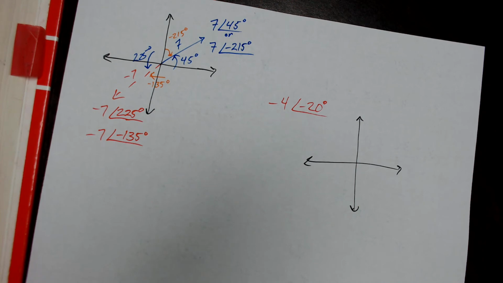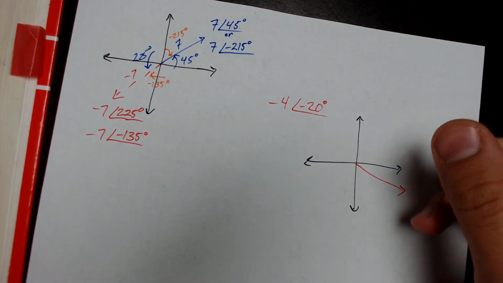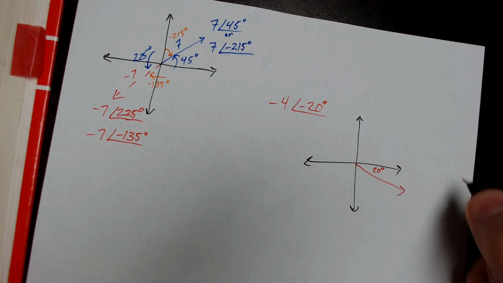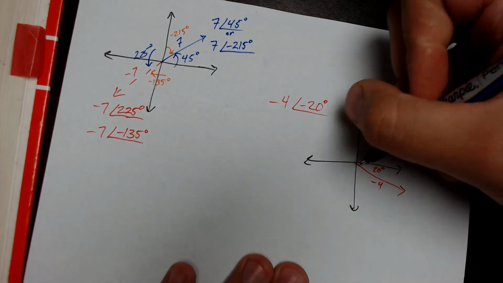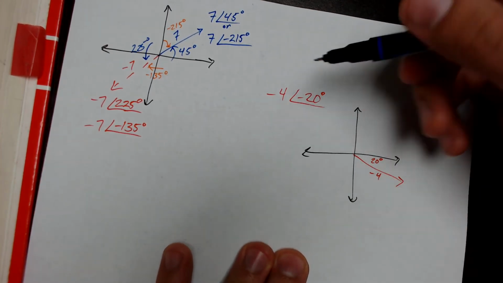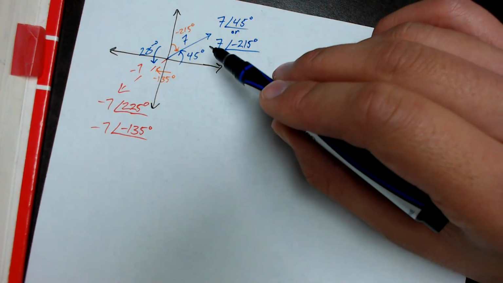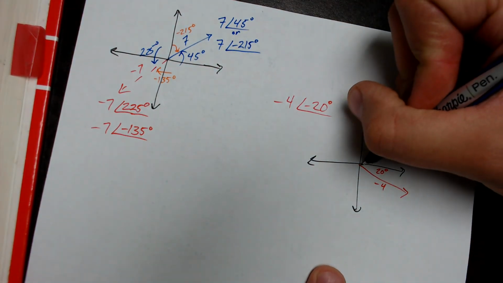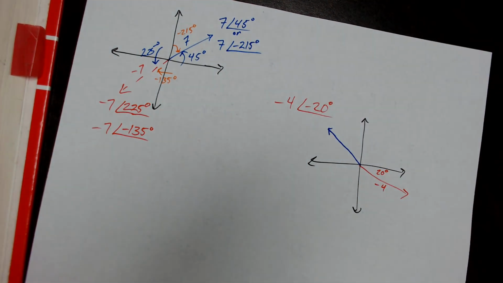If we go at negative 20 degrees, that puts us in the 4th quadrant, and we're at a length of negative 4. The actual vector that we want to use is going to be the positive vector. So even though you can write a negative vector, the vector that's going to be computed is the positive version. So we now have 4 ways of writing one vector.